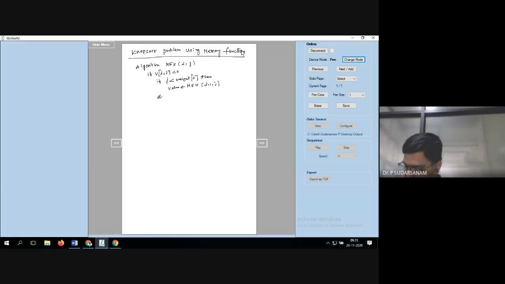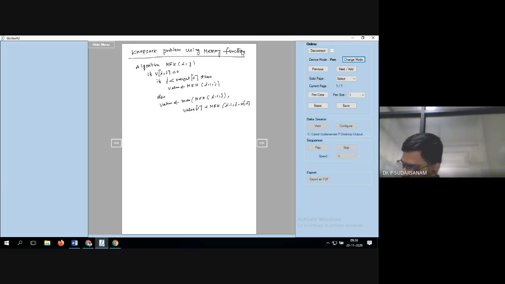Else value is equal to the maximum of MFK, that is the recursion function, of i minus 1 comma j, comma, value of i, that is v of i, plus calling the recursion function MFK of i minus 1 comma j minus w of i.